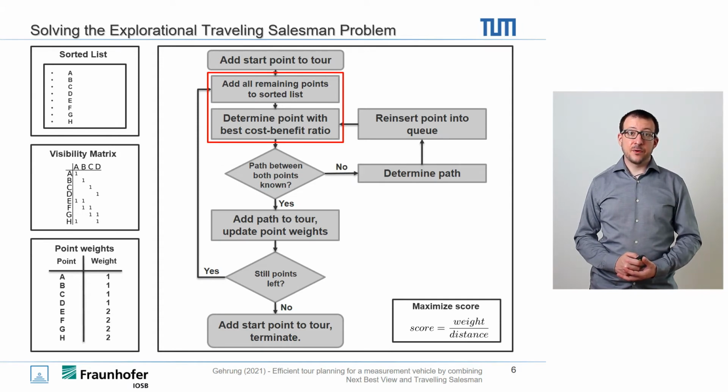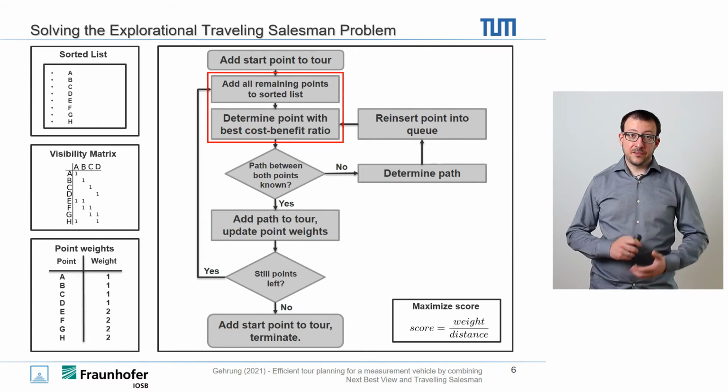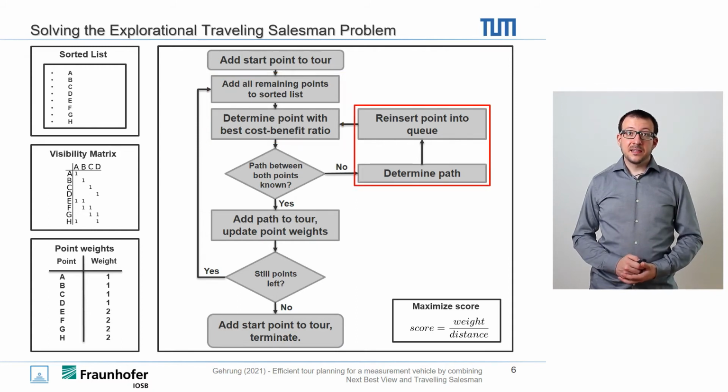Then the point with the best score is determined. The distance part of the score is estimated by the Euclidean distance if no path is known. If no path is known, it is calculated using hybrid A star and the point is reinserted into the list, since after the length of the path is known, it may not be the point with the best score anymore.